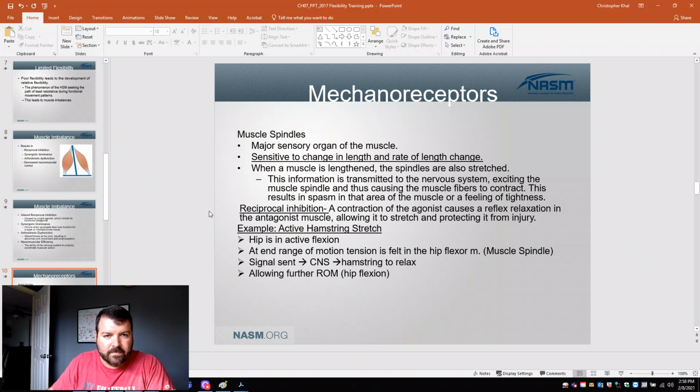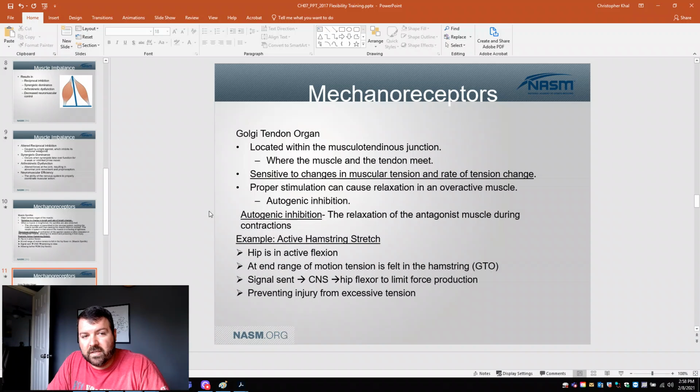The next one could be the Golgi tendon organs. These are located within the musculotendinous junction. The musculotendinous junction is where, on the muscle, you have the muscle belly, and at each end of the muscle you have tendons, which attach down to the bone.